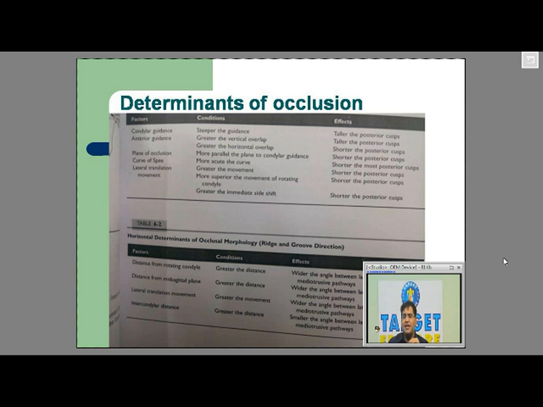Another question which was asked about cast partial denture was, movement of a cast partial denture in a horizontal plane occurs around which axis?